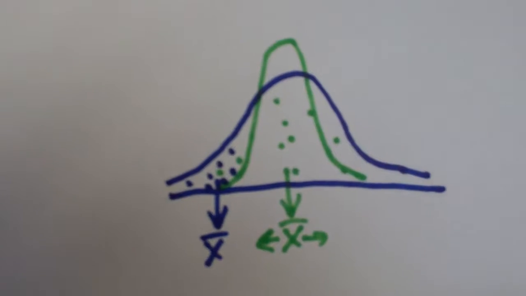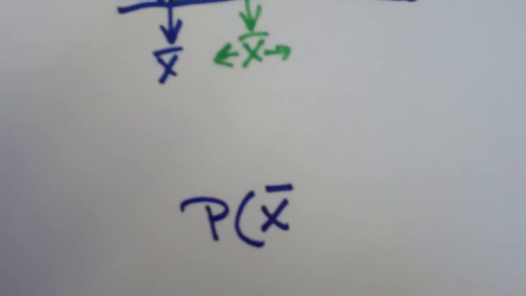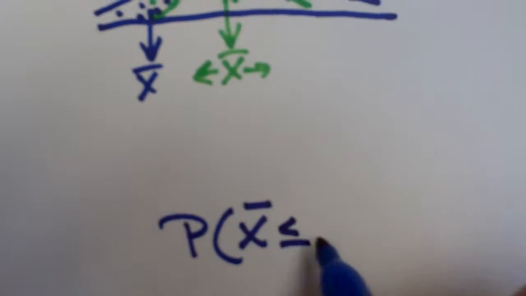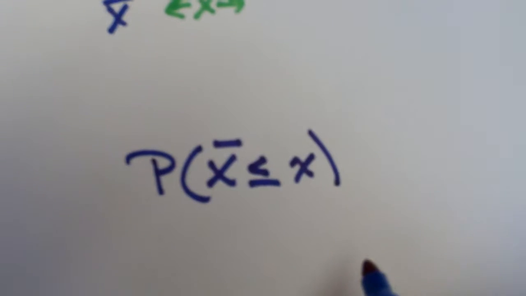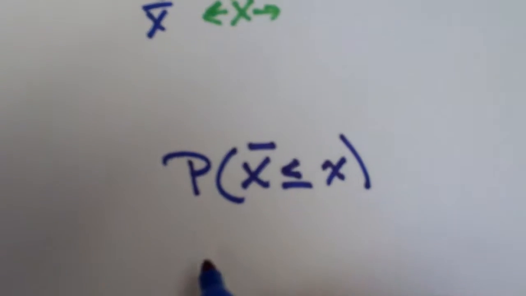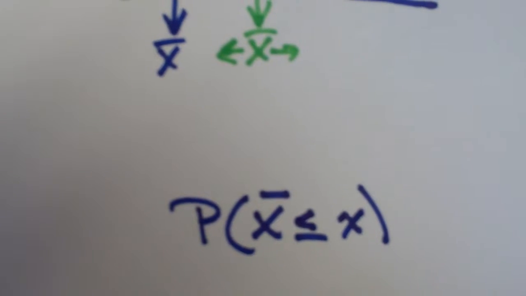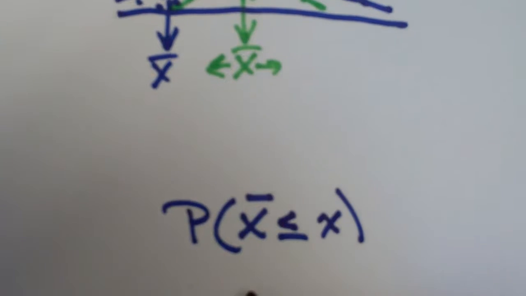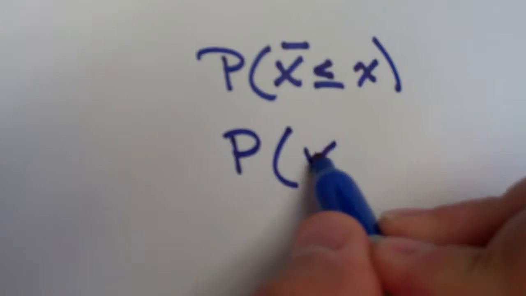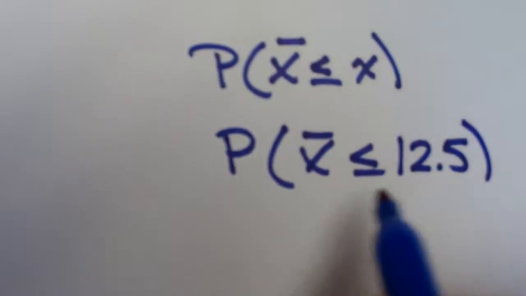So what we might do is calculate the probability of getting a sample mean that's less than or equal to some value. Maybe we have a sample mean that gives us a value of 12.5. What we want to find out is, what's the probability that our sample mean is 12.5 or even less.